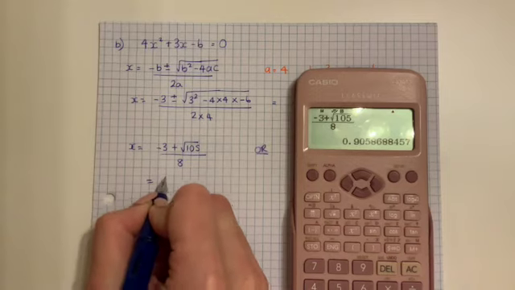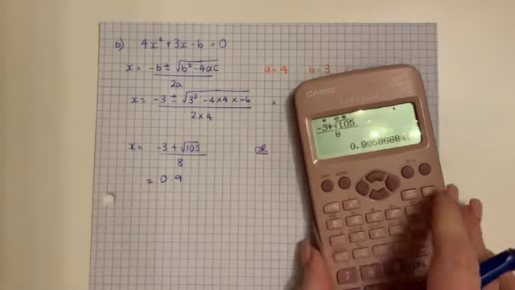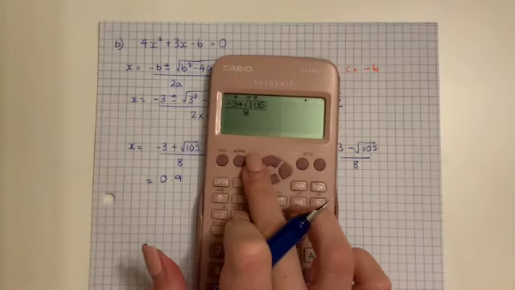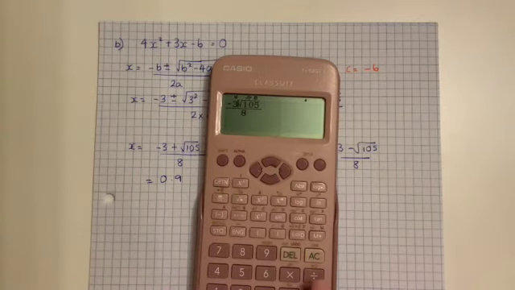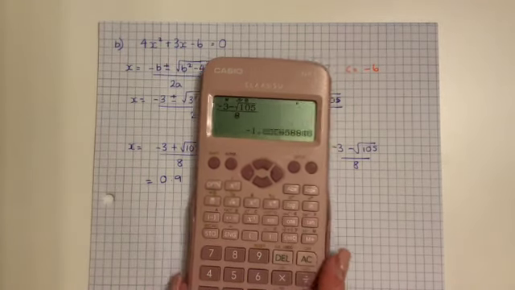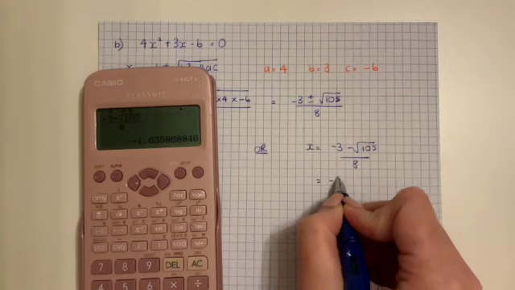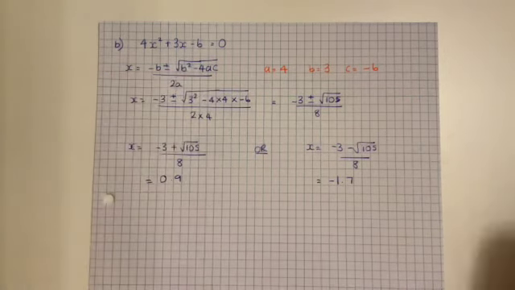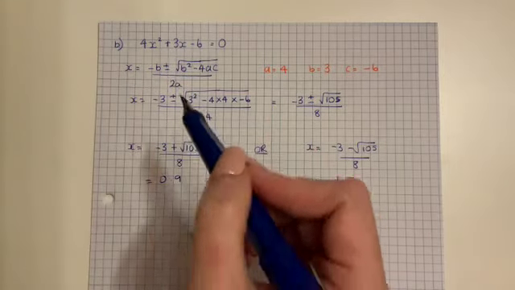So this one is 0.9. Or I'm going to just go back through this one and change that to a takeaway. My answer is -1.7. And that's it.